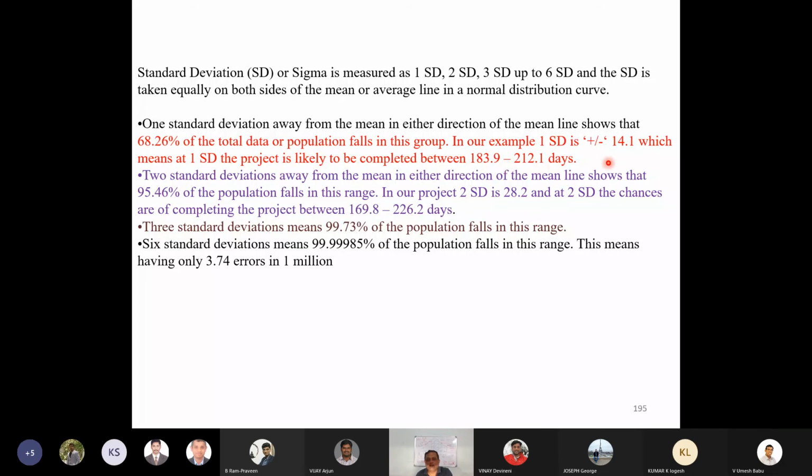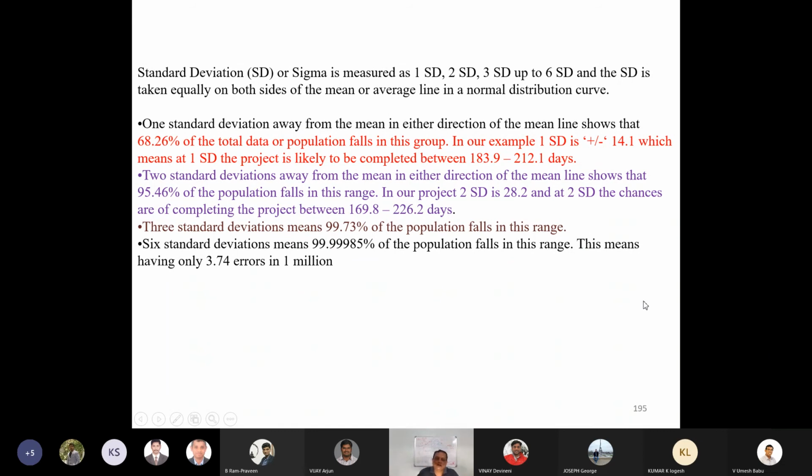That is 198 plus minus 14.1. Or there is 95.46% assurance that it will take 198 plus minus twice 14.1, 169.8 to 226.2 days. And similarly, you can work out for 99% and so on.